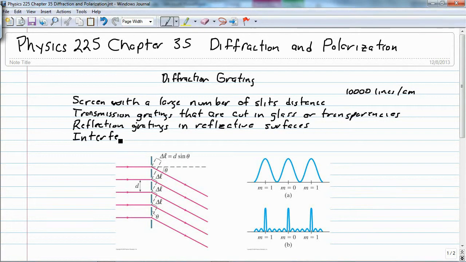We'd have to use interference analysis to be able to come up with this, not the diffraction analysis. I see where I just spelled a word wrong here.